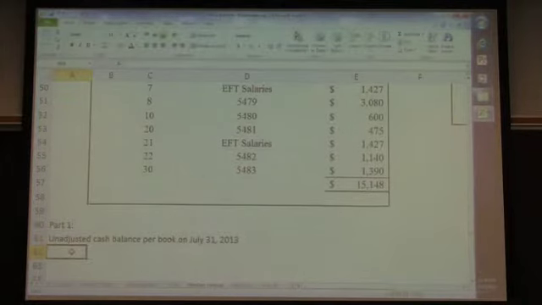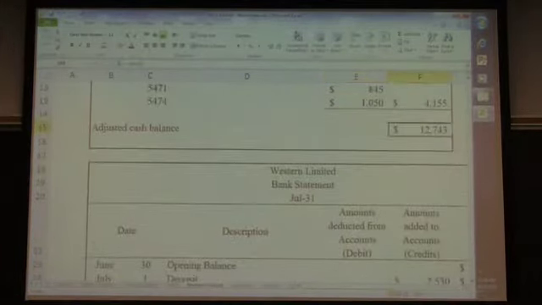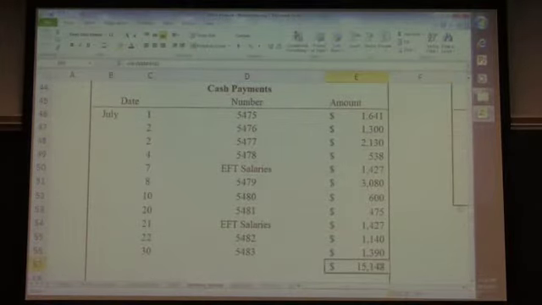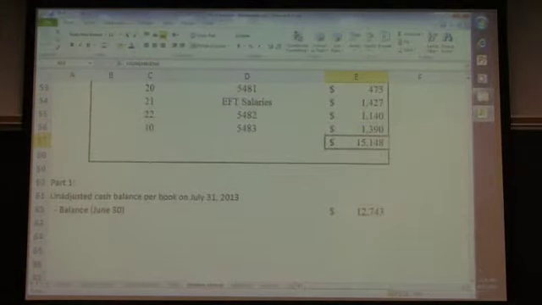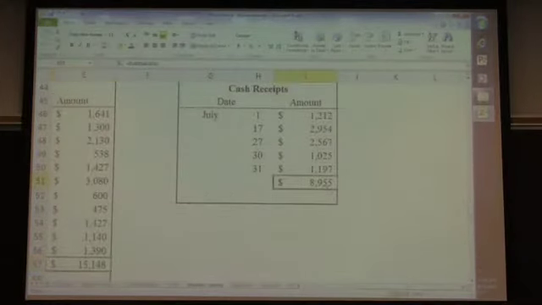To do that, we know that the balance on June 30th is the amount of 12,743, which is what they have given in the reconciliation on the top here. Also they have given you that the total cash payments recorded in the book is 15,148, and the total deposits recorded in the book is 8,955.